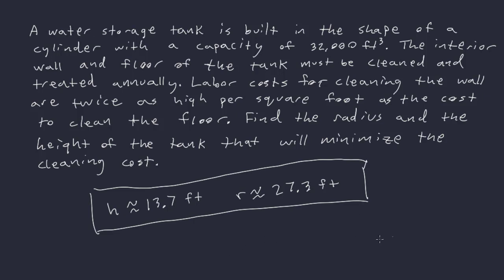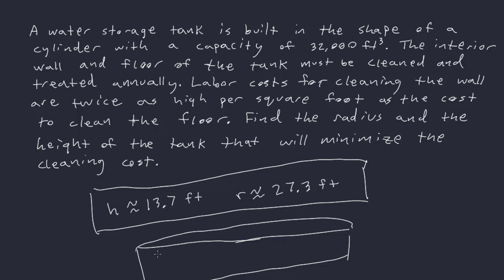Okay, so it turns out that it's a fairly wider cylinder than you might expect. So that might not be the greatest water storage, okay? But this would minimize the cost, and that's what this was essentially asking us to do.